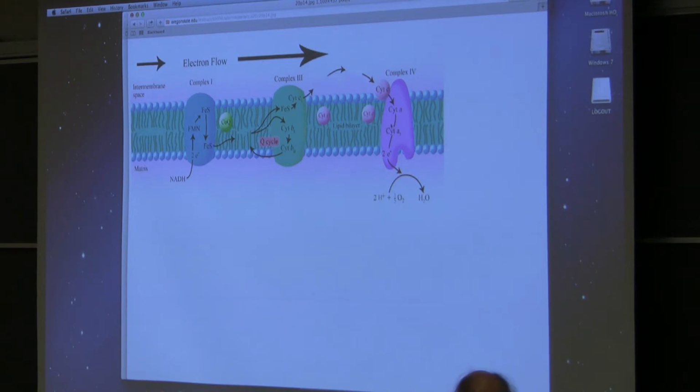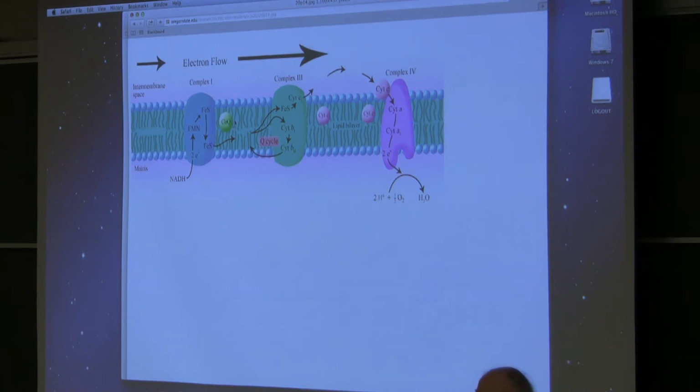Let's say I stop this movement right here. Then that means this is going to be full of electrons, which means this will be full of electrons, which means this will be full of electrons, and we stop everything. If I block complex 1, then I still allow complex 2 to bring electrons in.